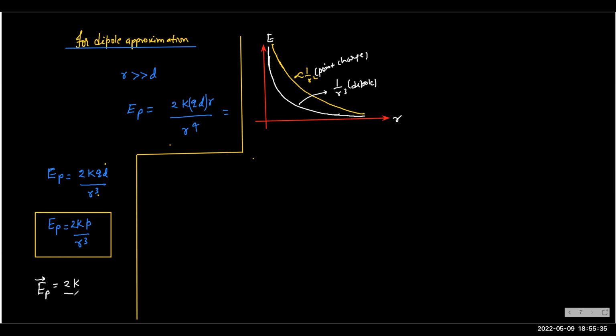So we can just write 2K by R cube into P vector.